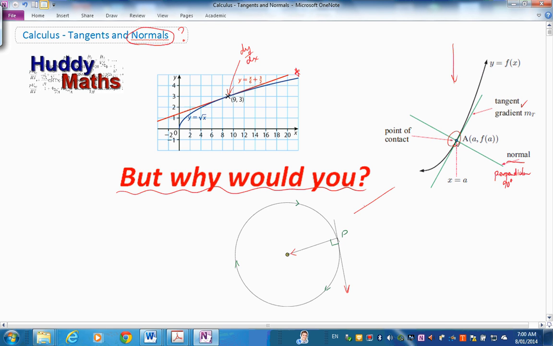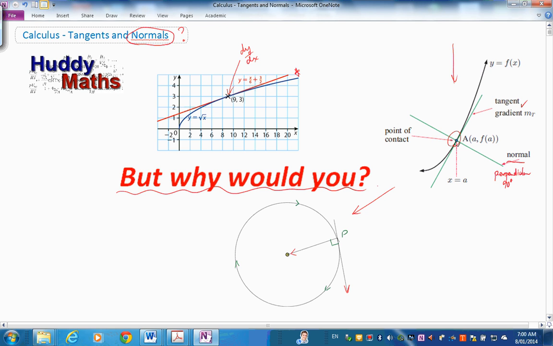Well, I'm going to give you a few seconds now to look at this diagram down here and see if you can work out the connection between this diagram and some reason for finding the equations of tangents and normals. Okay, look at the green arrows and look at the red arrows. Have you got any idea? Okay, well, let's have a look.